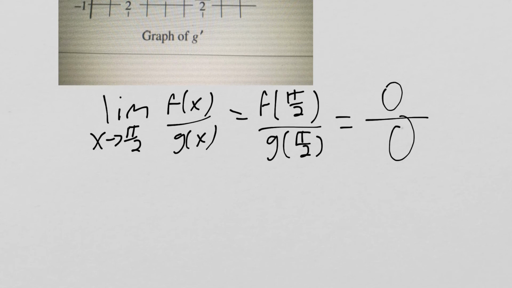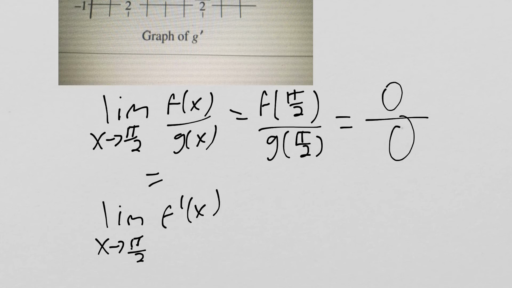So this limit is going to be the same as the limit as x approaches pi over 2 of f prime x over g prime x.